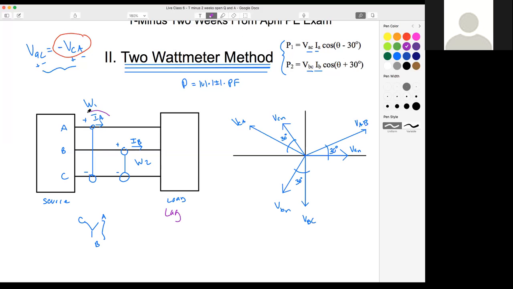I'm only going to draw the A current and the B current because those are the only ones we're interested in for this problem. If they're lagging, I'm going to say it's about there. That's going to be my A line current, and then that's going to put my B line current somewhere right along here. They're going to have different magnitudes because we are assuming an unbalanced system.